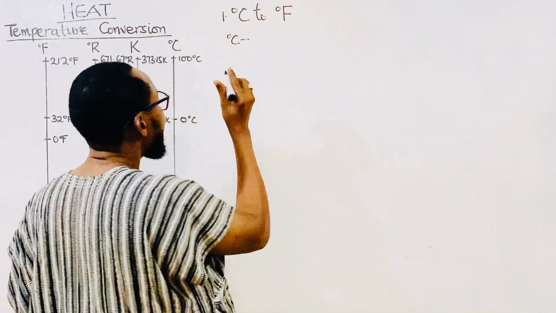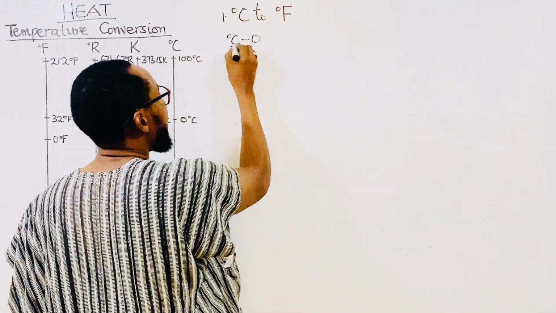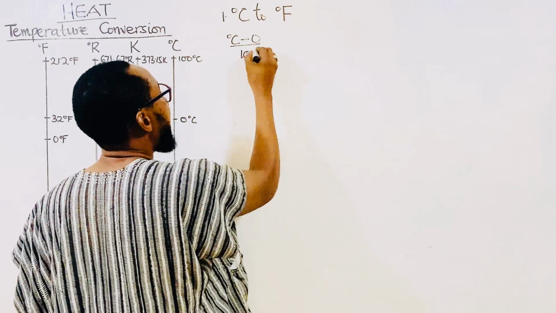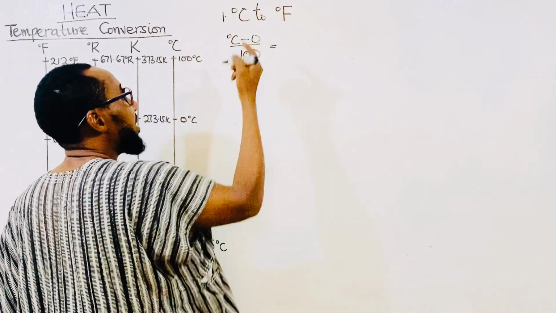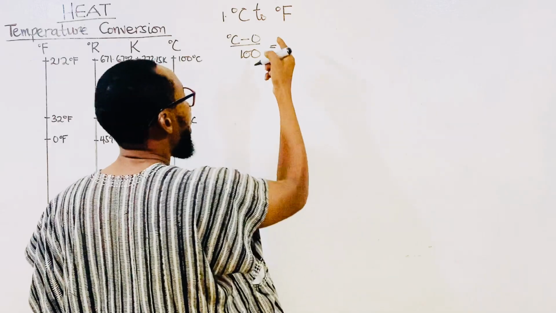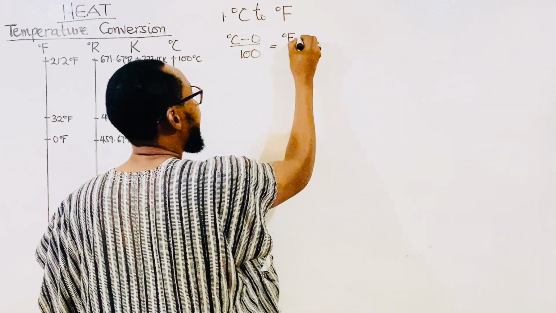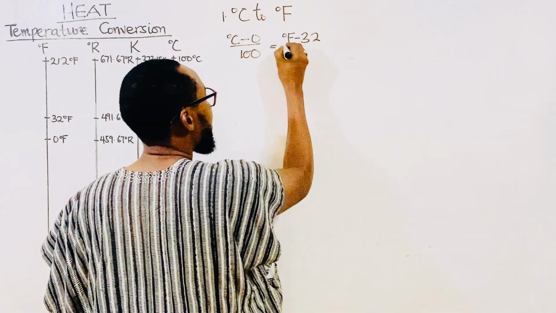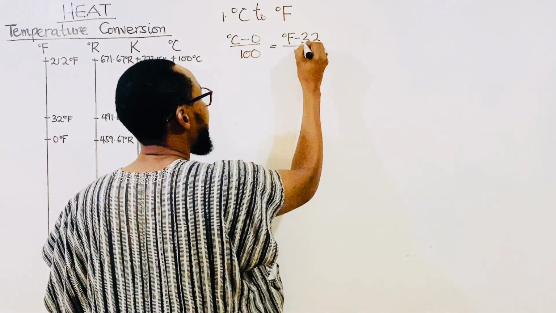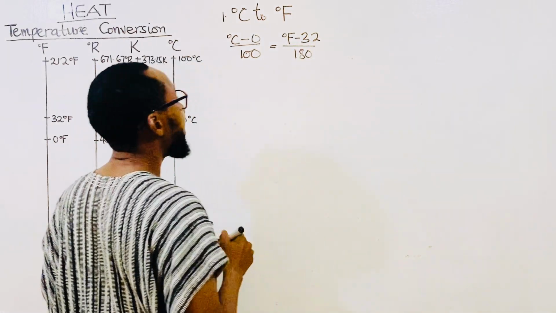So degrees Celsius minus the lower fixed point all over the fundamental interval of 100 should be equal to, now the lower fixed point of the Fahrenheit scale is 32, remember, so we have that temperature minus the 32 all over the fundamental interval of 180. Okay, so this is where we are now.